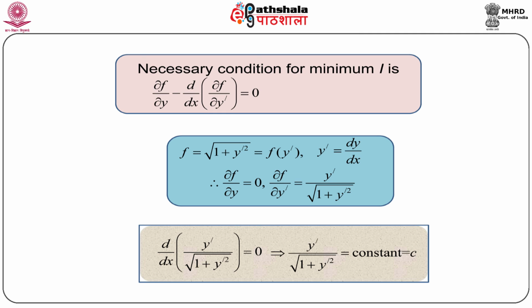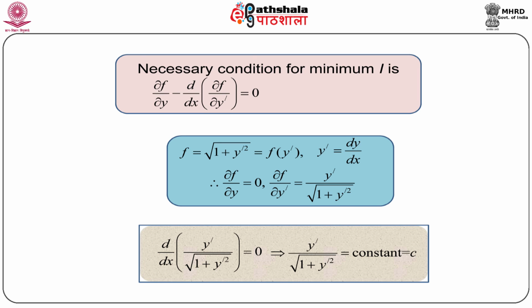This is nothing but the Euler-Lagrange equation. Here f is given by square root of 1 plus y dash square, which is a function of y dash. Here y dash stands for d/dx operated on y.